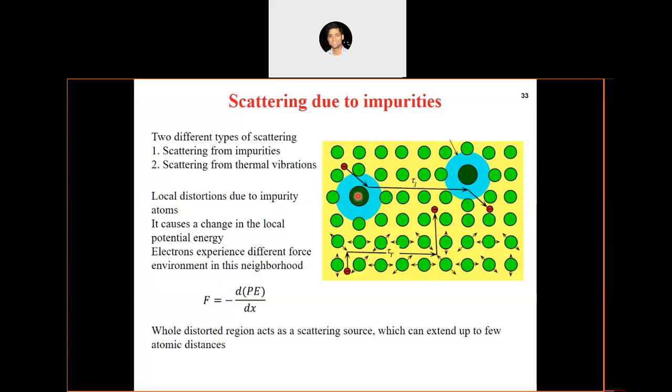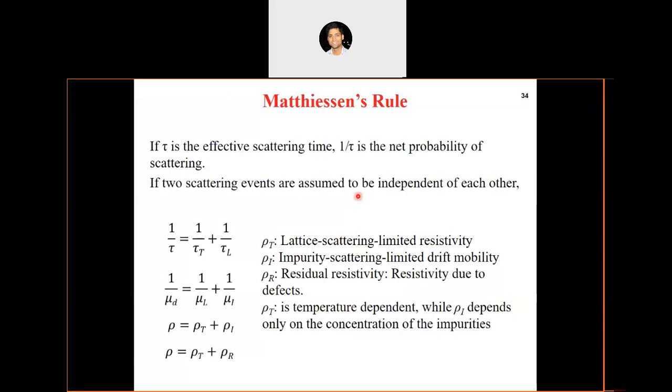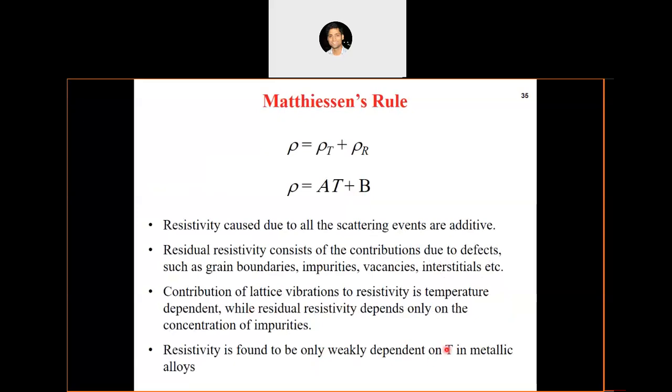And because impurity scattering is independent of temperature, the resistivity in metallic alloys, which have impurities, since alloy means there will be some foreign elements, will be only weakly dependent on temperature. Is that clear now? Okay, sir.